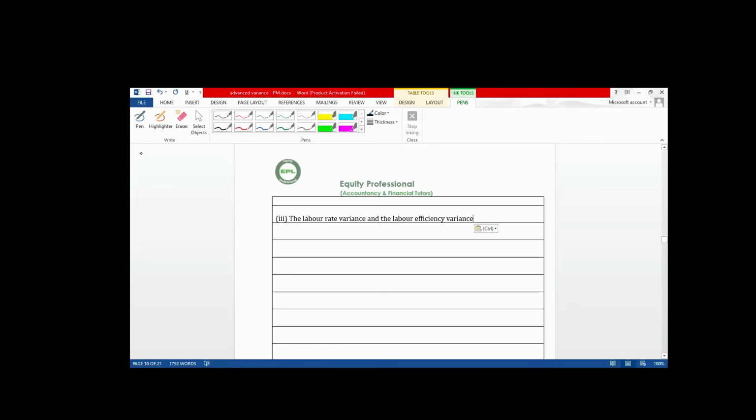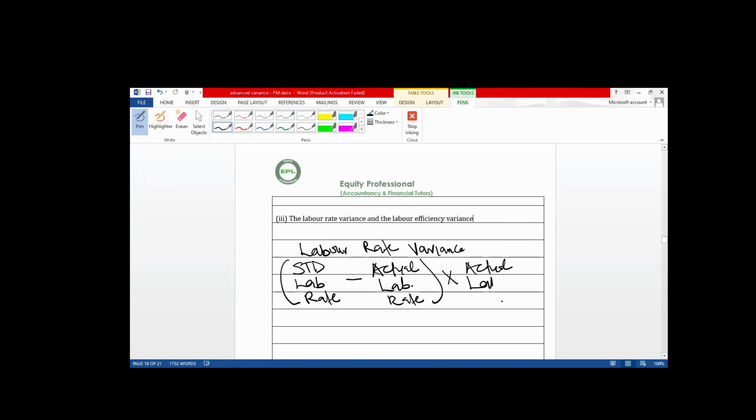Write the formula down first. Labor rate variance formula is labor rates multiplied by actual labor hours.